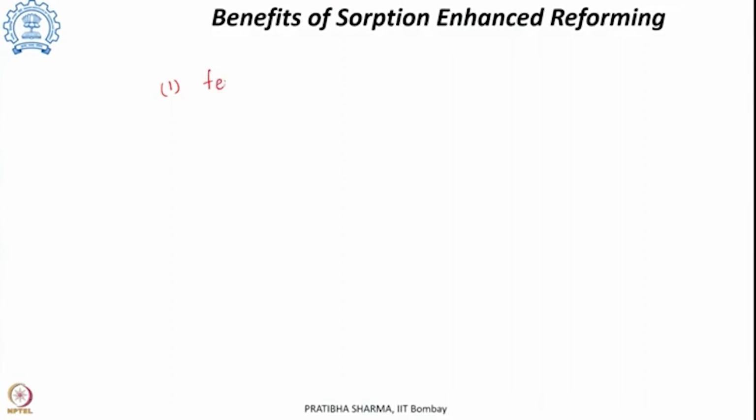Now there are a large number of benefits of using sorption enhanced reforming. Some of these are clearly evident: the number of steps involved is very low. So there are very few processing steps in the process. All three reactions, steam methane reforming, water gas shift reaction as well as carbon dioxide separation, are taken care of in a single fluidized bed reactor.